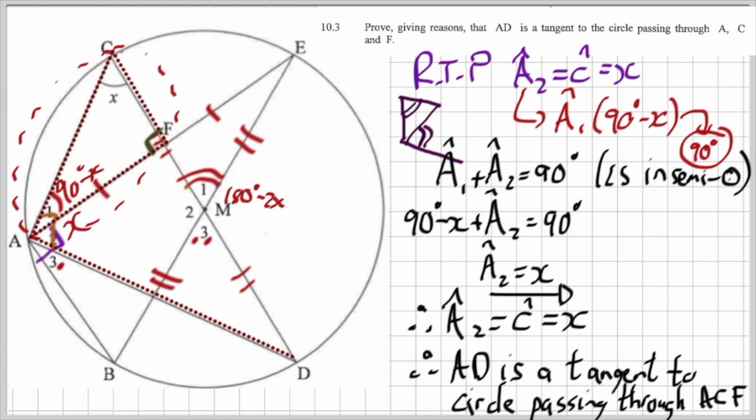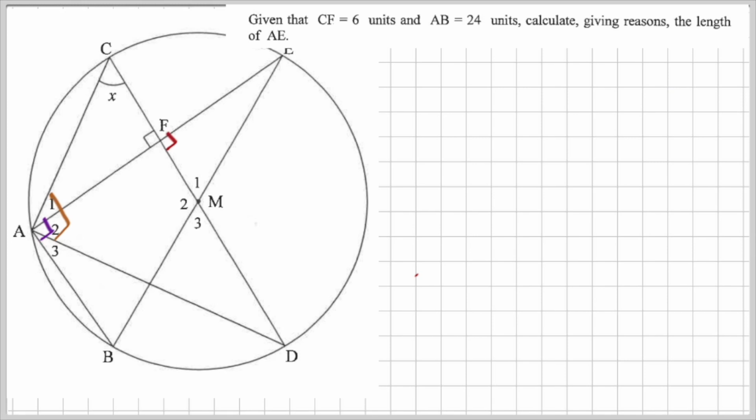Now, I'm going to clean up my sketch a little bit for this next question, question 10.4. Oh my goodness, how beautiful is this question, this 5-mark question. Now, I am going to take you down a rabbit hole like Alice in Wonderland.